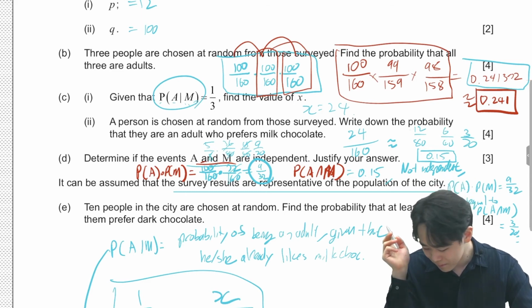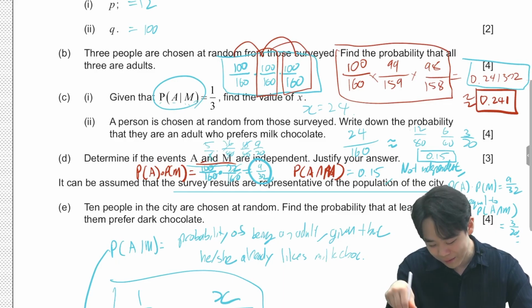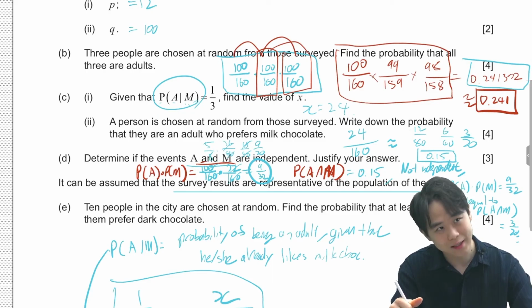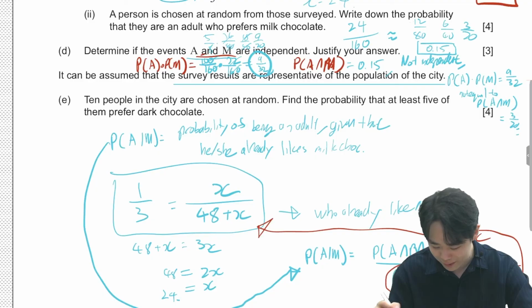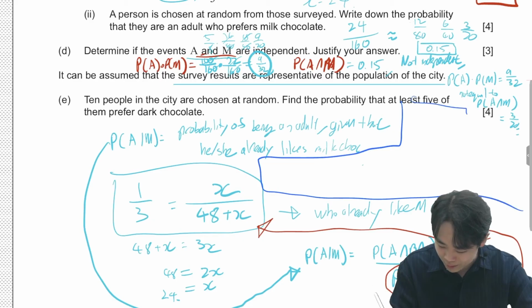It says 10 people are chosen at random. What's the probability that at least 5 of them prefer dark chocolate? This is saying we're going to conduct 10 experiments, like flipping a coin 10 times. So we have n trials, which is in line with the binomial distribution. Let's say there are 10 trials.